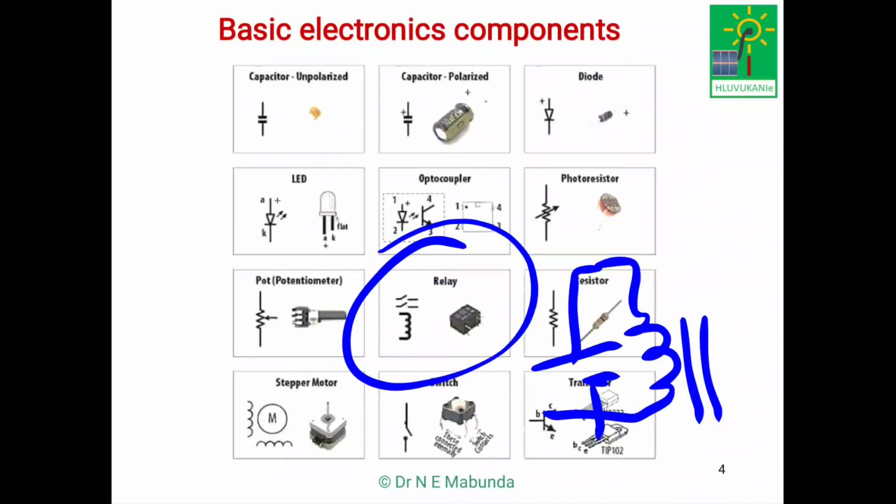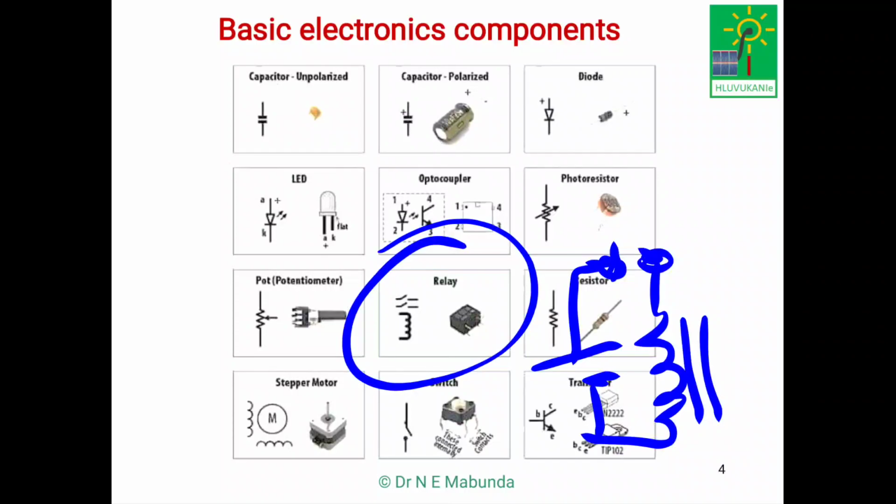Now, let's say we have a switch here. There's our switch to switch the coil on and off.